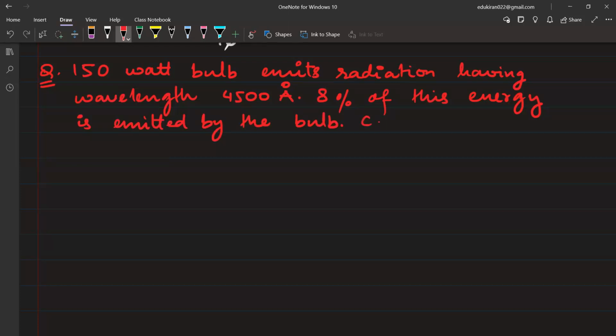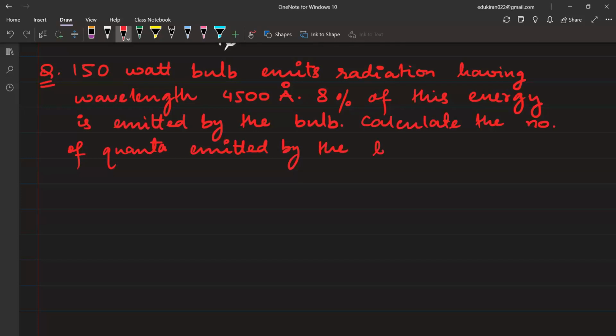Calculate the number of quanta emitted by the bulb in 1 second.